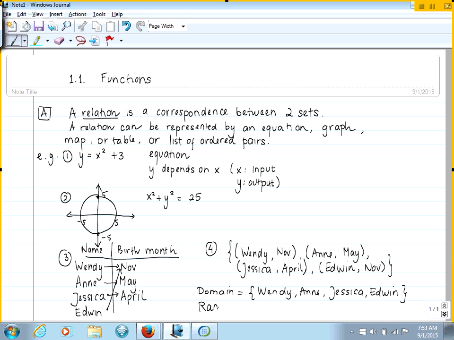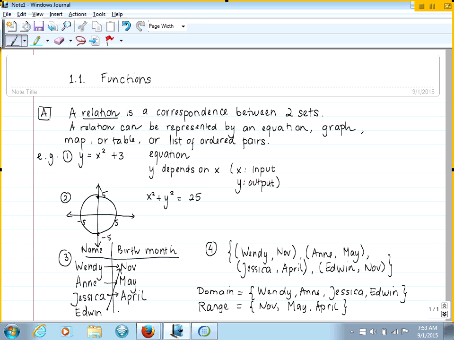How about the range? What are the outputs? The months: November, May, and April. Since I already wrote November, I don't have to write it twice, even though it was paired two times, for Wendy and for Edwin. So we're just going to list November once.